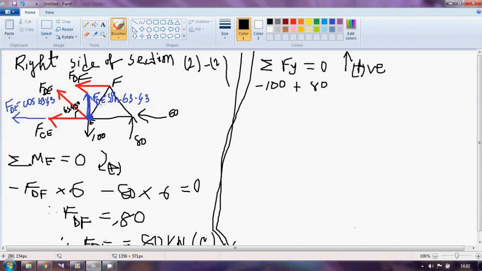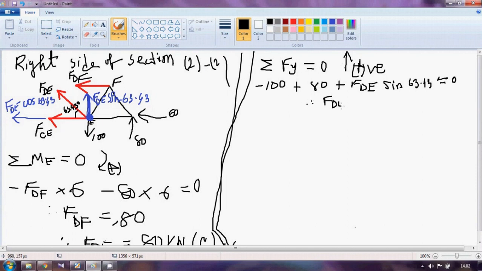So there is only one force acting in the y direction, and it is acting upward, positive, plus F_DE sine 63.43 equals to 0. So you will get F_DE.